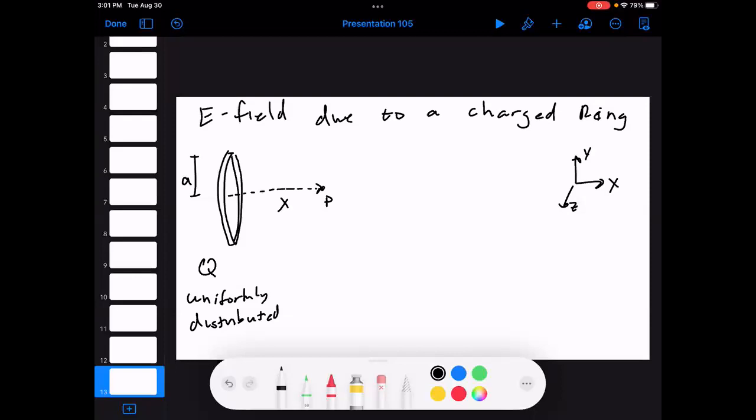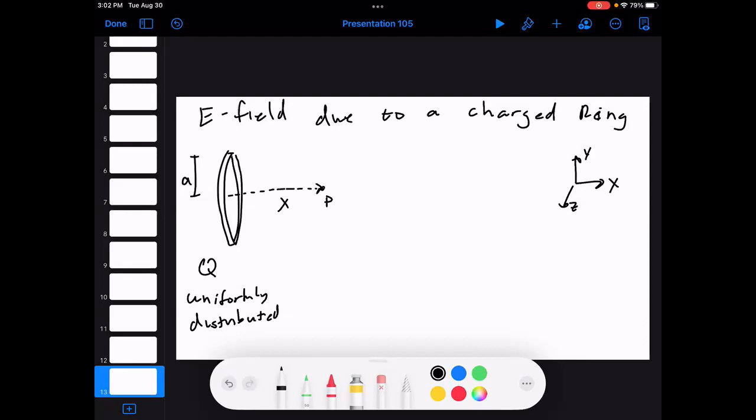Do we expect to see an electric field in the Y direction? No. And why not? Yeah, the electric field from the top of the ring will come down, the electric field from the bottom will go up. And so we expect to see the ups and downs cancel out.